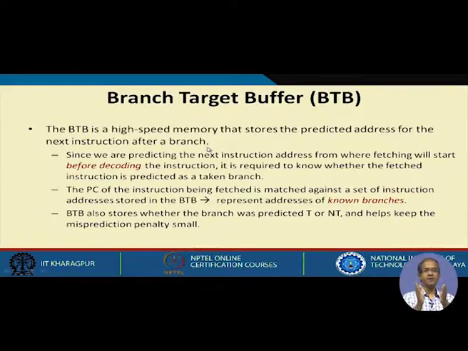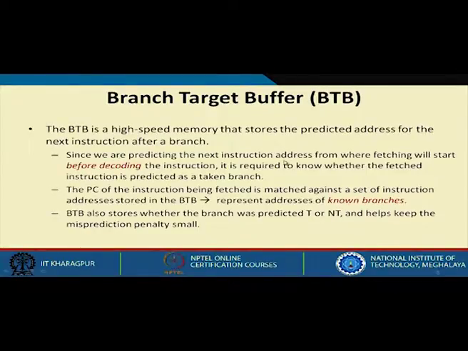So, whenever there is a branch instruction, from where will you be fetching the next instruction? Is it the next instruction following, or is it the target instruction? That will be your predicted next instruction. Okay? That will be stored there.